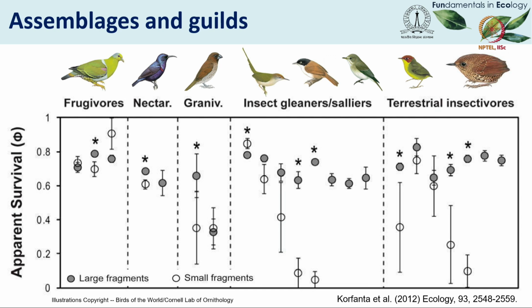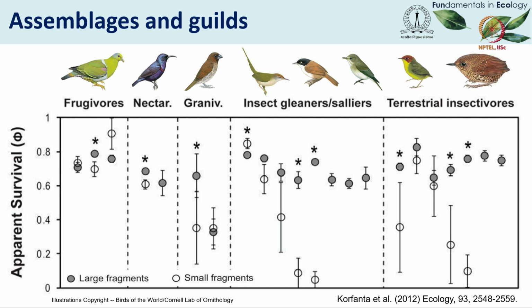So what is happening here is that we've broken down that larger assemblage of birds into dietary guilds, and we're asking for frugivores that eat fruit versus nectarivores that feed on nectar, is the pattern of survival in large and small fragments different from what it is for insectivorous species that eat arthropods. And so these now are dietary guilds.